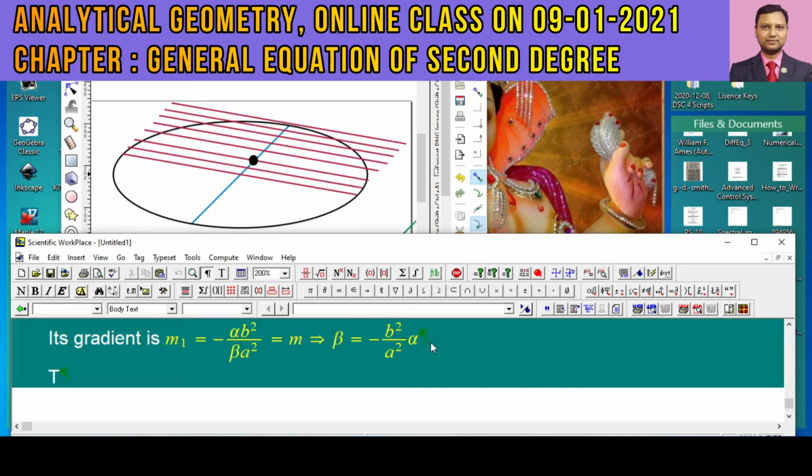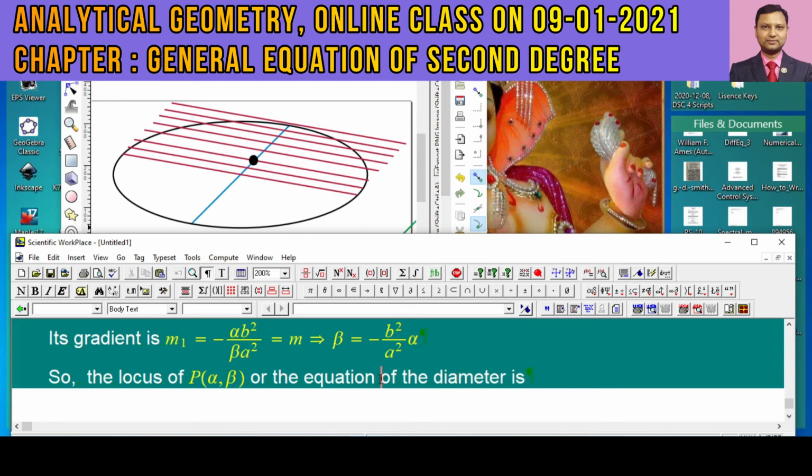Therefore, we can say the locus of the point P. What is the locus of the point P? Locus of the point P is actually the diameter, these blue straight lines. So the locus of the point P, or the equation of the diameter.